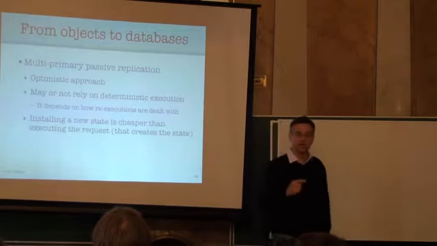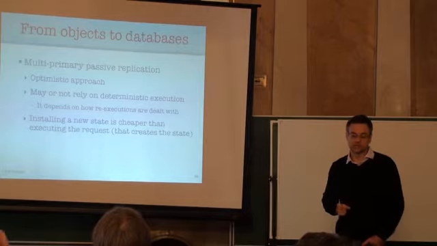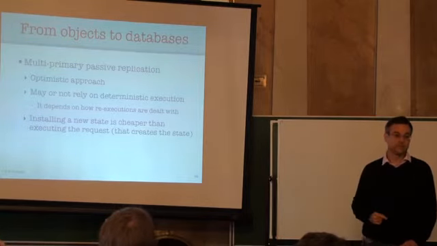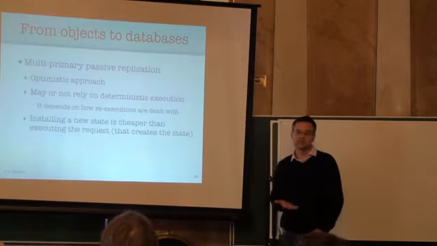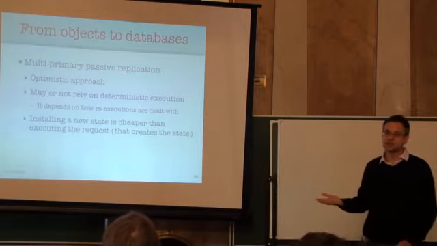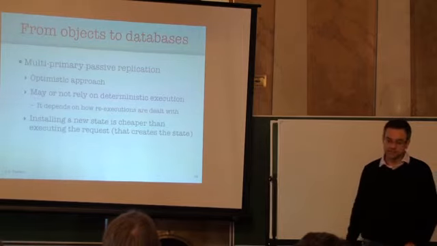It depends on how I solve my conflicts, how I solve cases where a new update is not compatible. If I rely on every server executing the request, then I need determinism. If I tell the client to resubmit the request, then determinism is not needed, because it's going to be executed by only one server, which is going to send a new state.